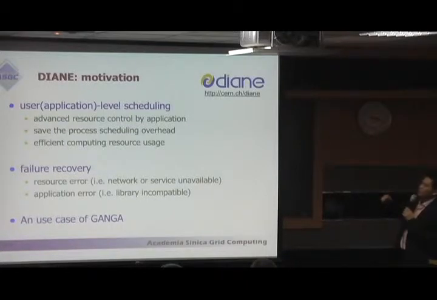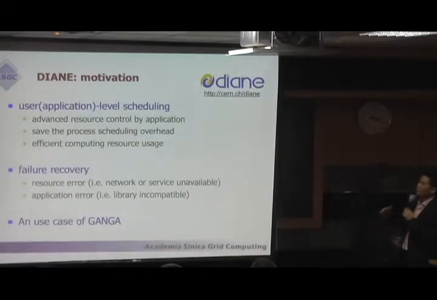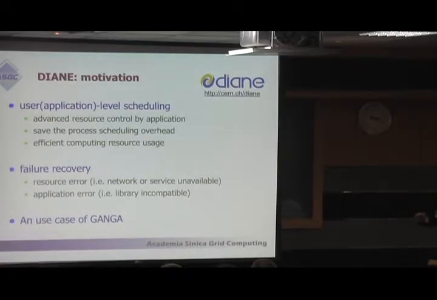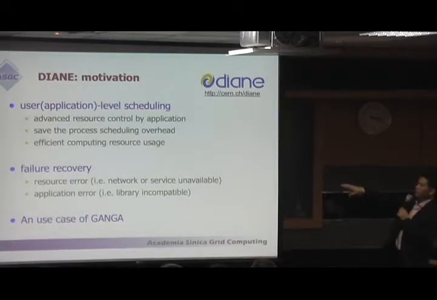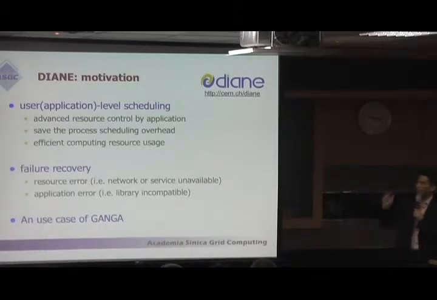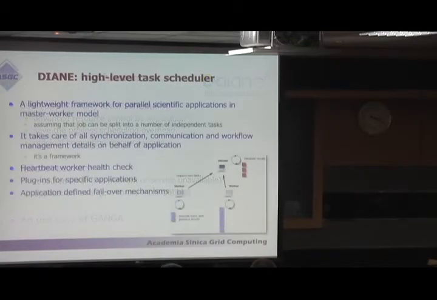This can help the application to speed up and shorten the scheduling overhead, which is another issue of running your application on the grid. And then you can achieve efficient computing resource usage. It also provides some failure recovery, and this is a use case of Diane.